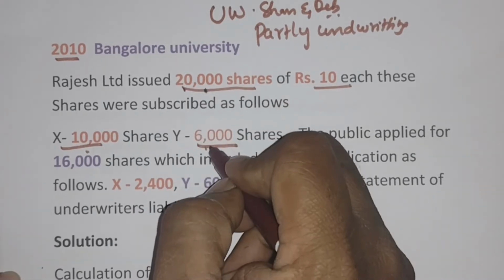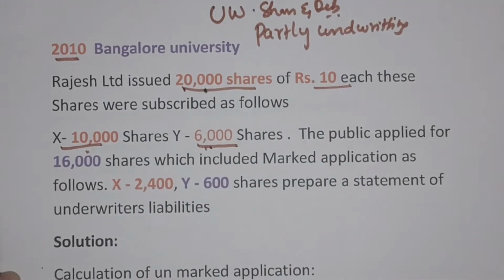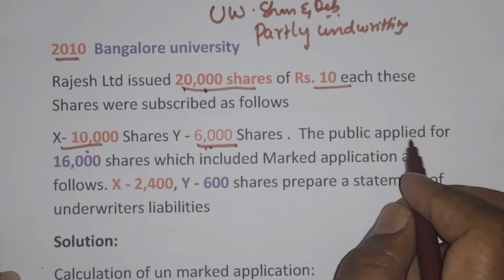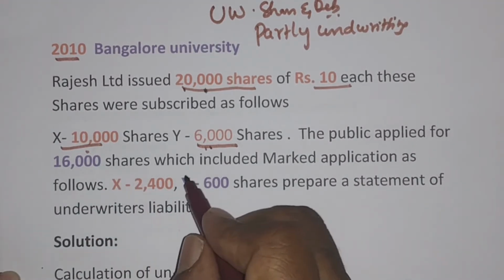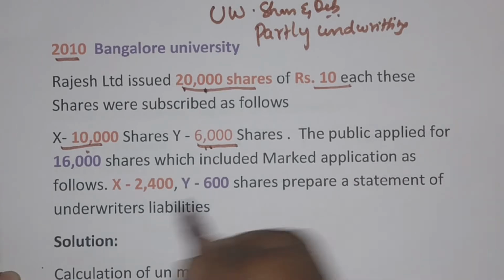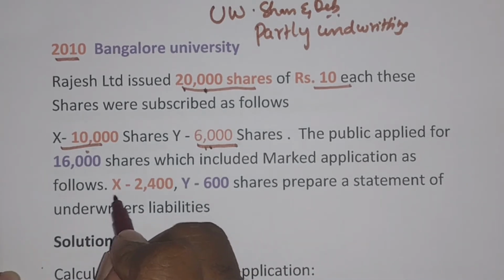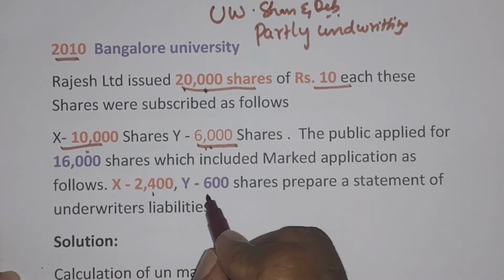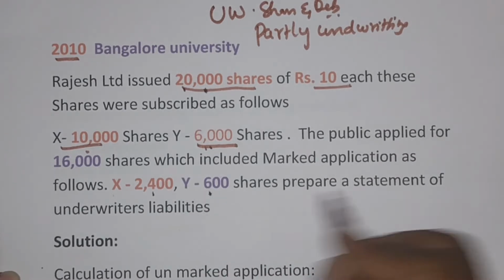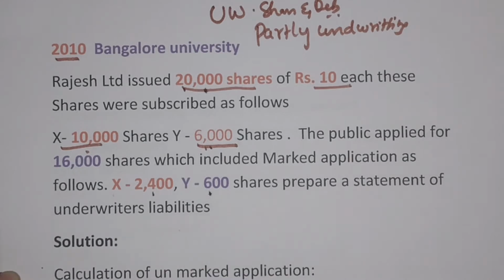Therefore the remaining 4,000 shares the company should sell directly to the public. The public applied for 16,000 shares, which include marked applications as follows: marked application of X is 2,400 and of Y is 600 shares. Prepare a statement of underwriters' liabilities.